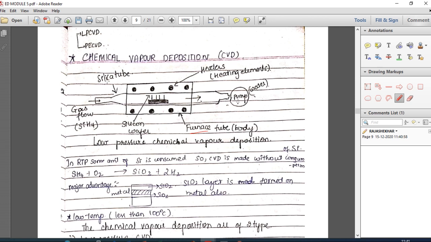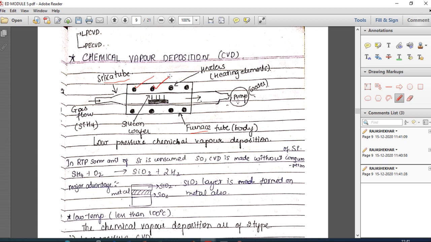And then this is a silica tube, which is shown here. This tube allows us to flow the gas, or we can pump the water into the furnace tube, which we also call a chamber. Then we have heating elements, which are shown here.